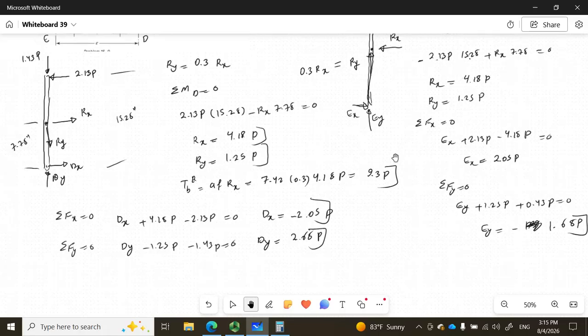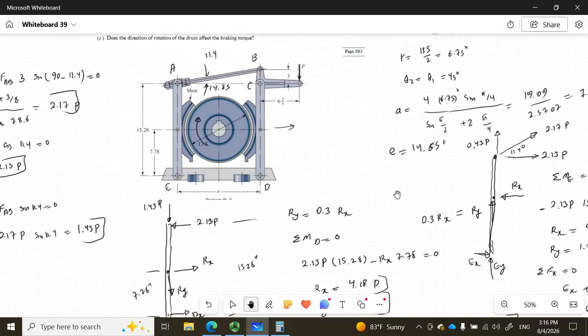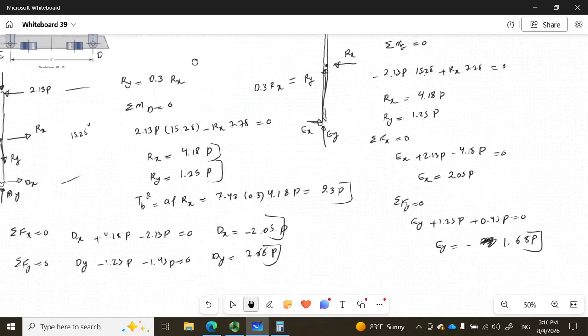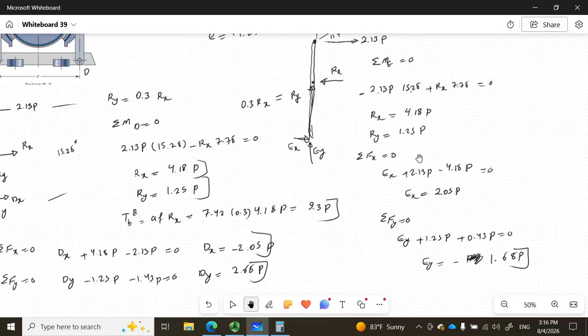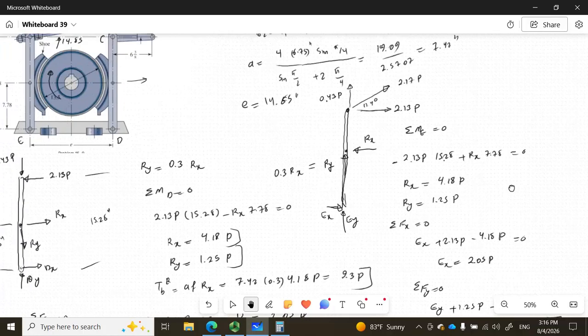It has to drag it down. The reason is because this friction force is going to drag this up, so this pivot should drag it down.